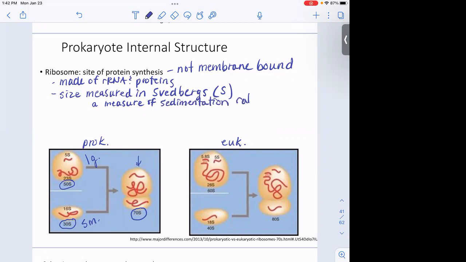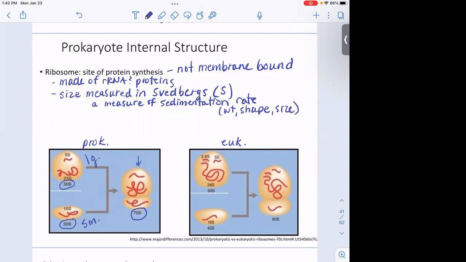So basically, when you spin ribosomes down in a centrifuge, it's how quickly they descend to the bottom. So the sedimentation rate is a measure of weight and overall shape, kind of the size.